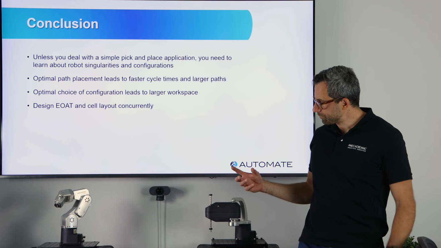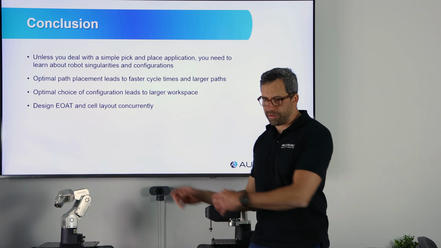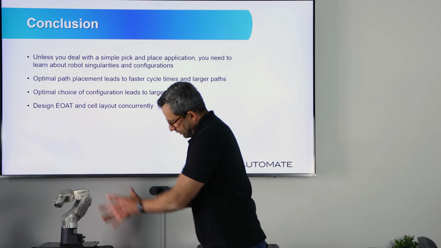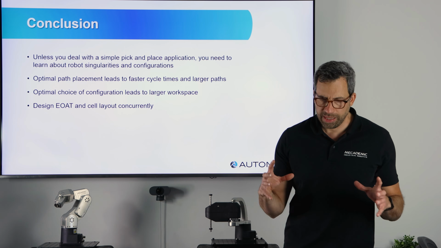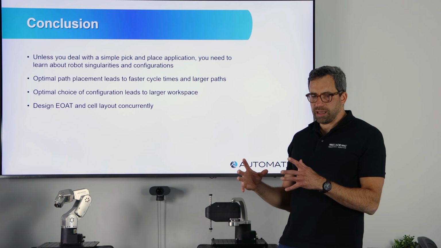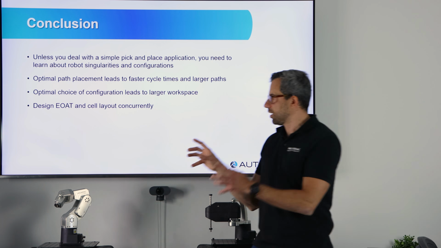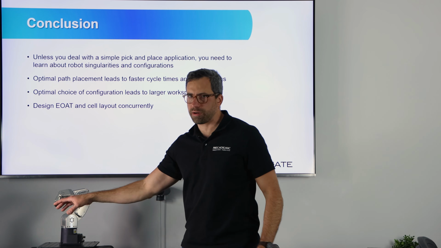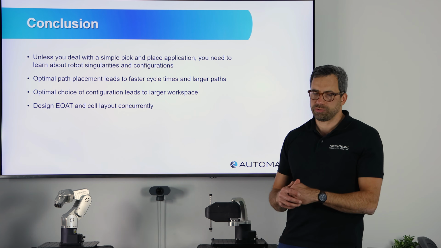And again, the design of the end effector, how you attach the end effector, how you design the whole system, is very important. And you should always start with this. You should do these two concurrently. Not first buy the gripper, put the gripper on, and then try to design everything, and then, oh, my robot is too small.